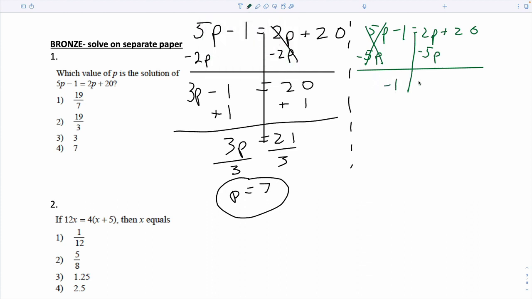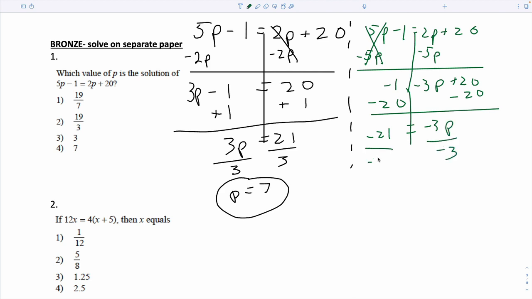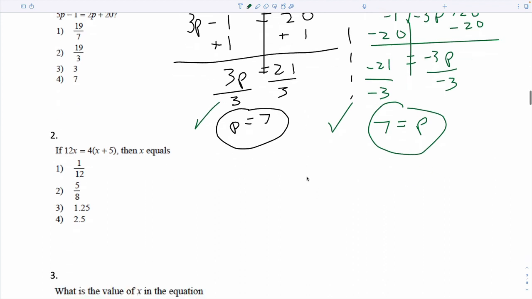We should if we did everything correctly. Subtract 20 on both sides. Negative 21 equals negative 3p. Divide by negative 3, and you get a positive 7. Both work. Either way will be fine.